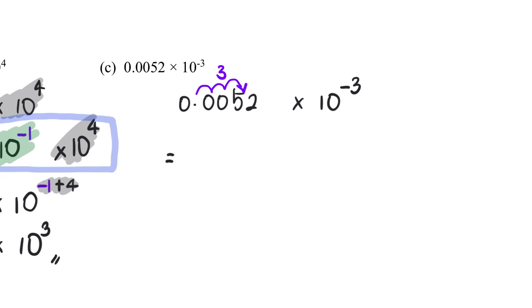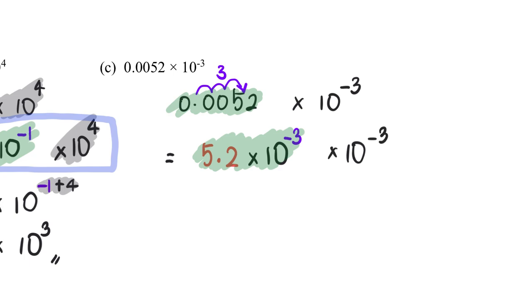For the number a, I will write it as 5.2, times 10 to the power of -3, because it is a very small number. And this is for my 0.0052. Not forgetting my times 10 to the power of -3 that is still here.